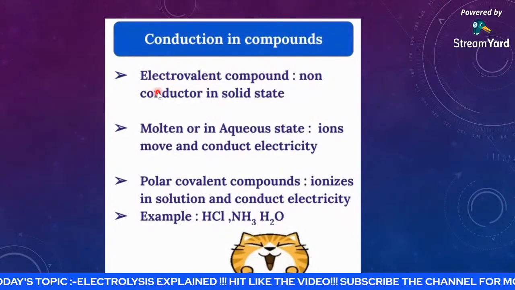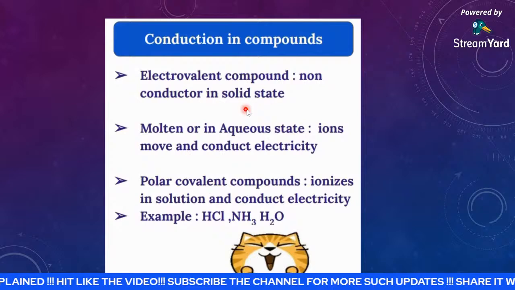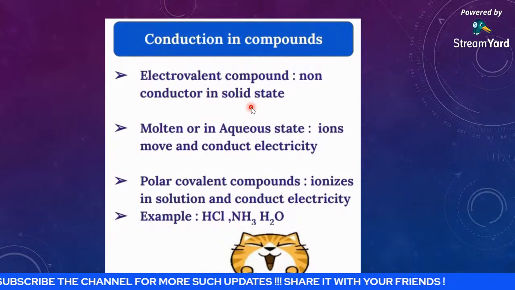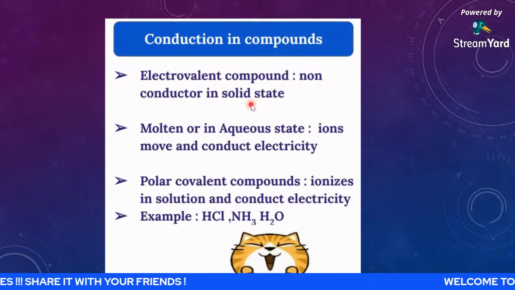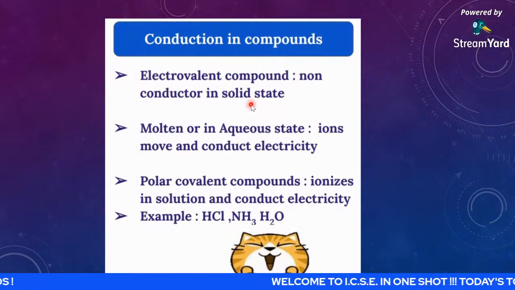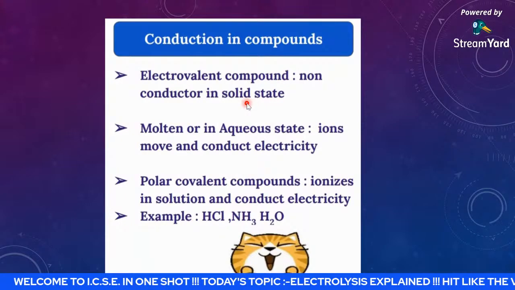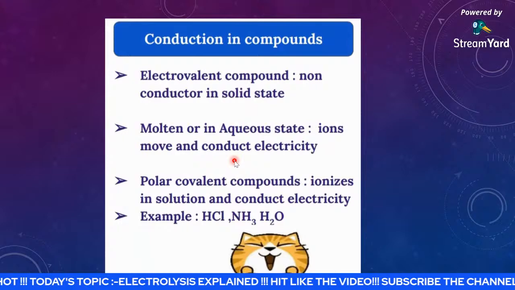Now, point-wise, you need to understand that electrovalent compounds are non-conductors in the solid state. Have you seen solid NaCl used as an electrolyte? No. In the solid state, it's bound by a strong force of attraction. It is not possible to break up that electrolyte at all. In the molten or aqueous state, ions may move and conduct electricity.